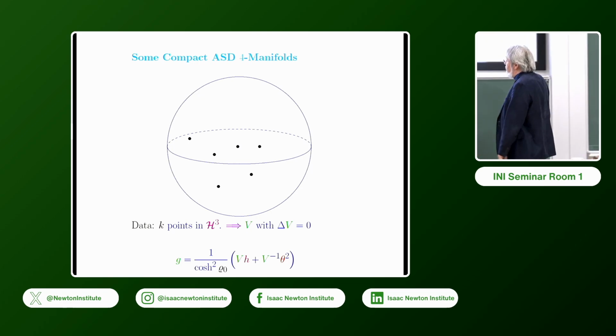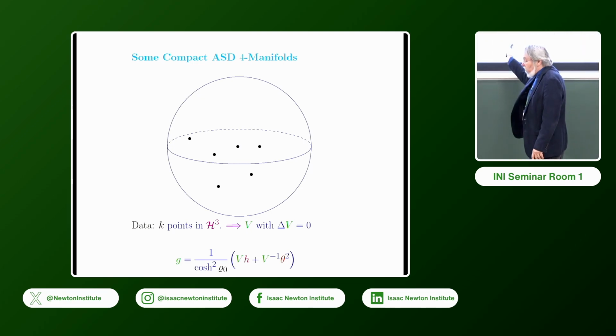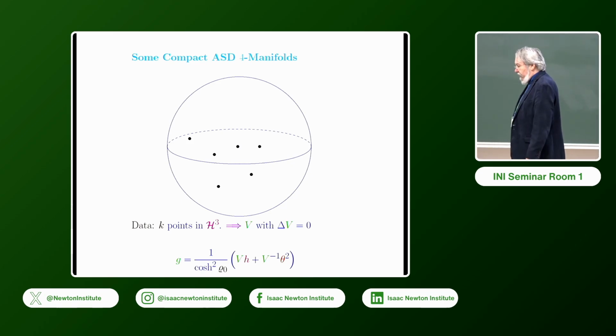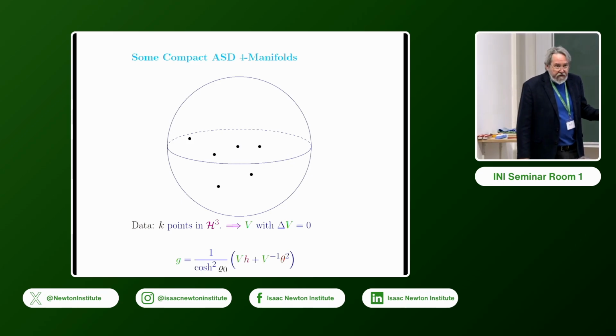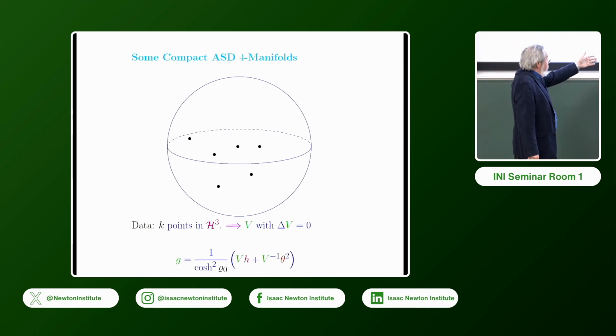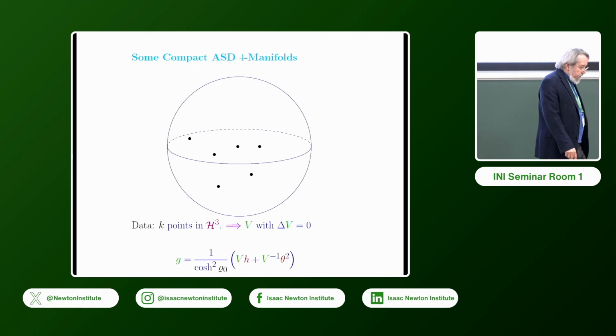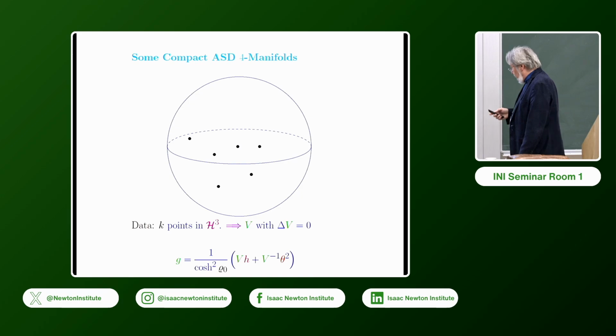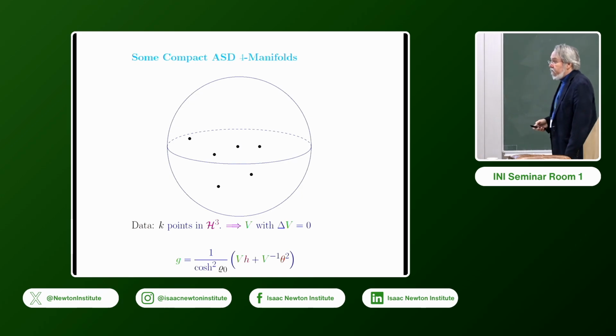And in fact, with this conformal factor, it turns out that the scalar curvature is everywhere non-negative. With this particular metric, the scalar curvature vanishes at a finite number of points corresponding to punctures. But in particular, that means the Yamabe constant of its conformal class is positive.